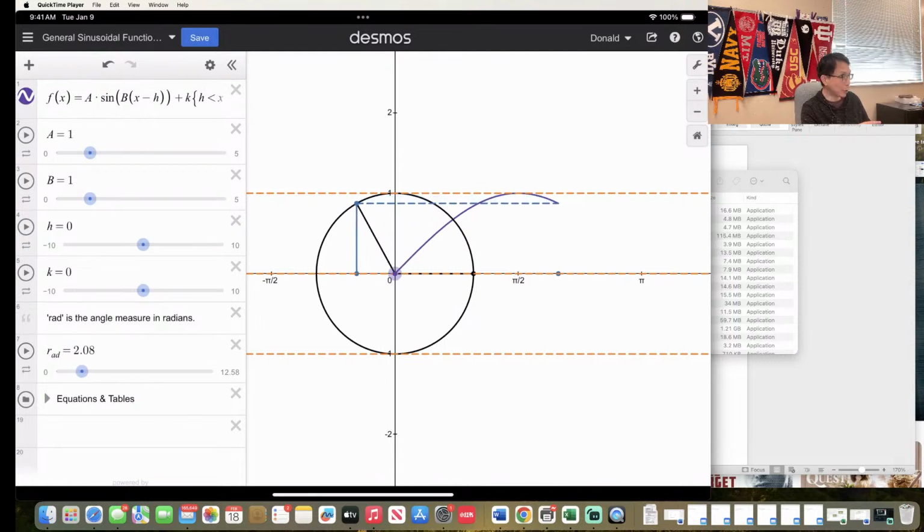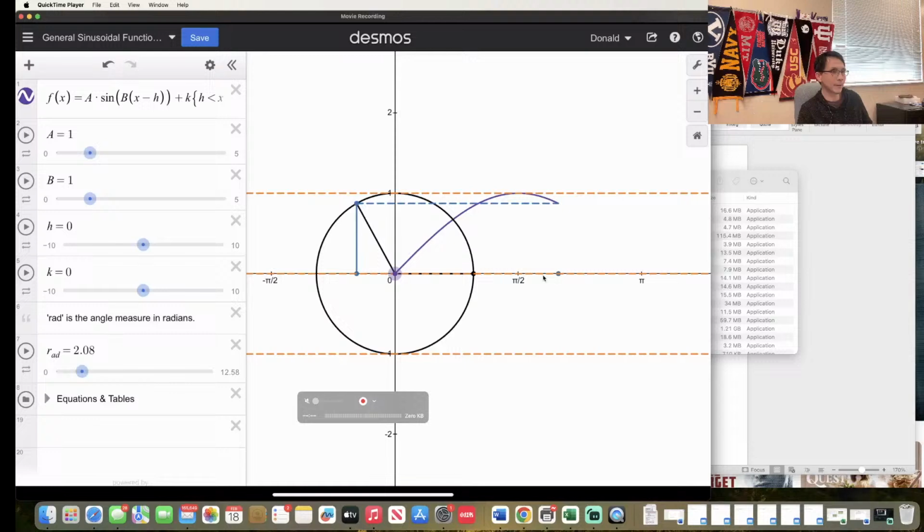Do you see the y value of the reference triangle is based on the height used to build the sine graph? This is the y displacement. For example, this is probably 2 pi over 3. Sine of 2 pi over 3 is going to be square root of 3 over 2. Yes, it goes up to 1 because the unit circle goes to 1.